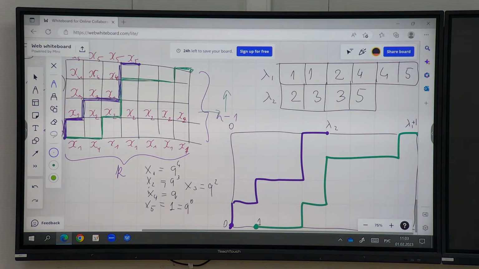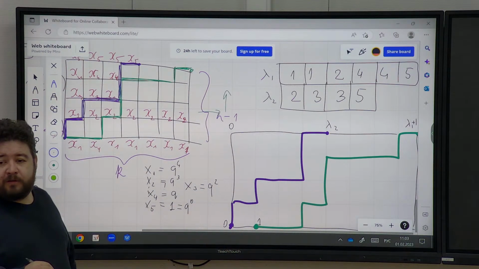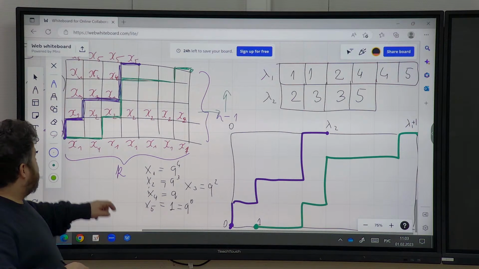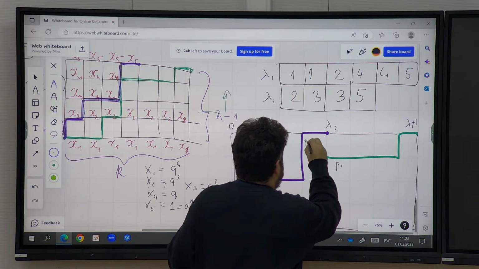So what will be the generating function of weight of, well, как ты пути обозначила? P, да? So this is P1, this is P2.